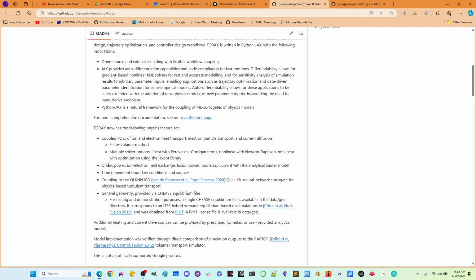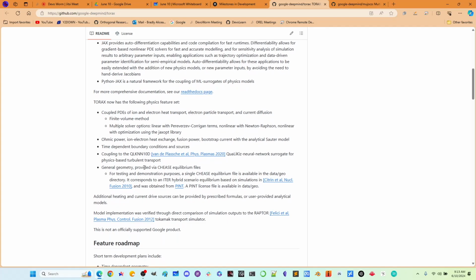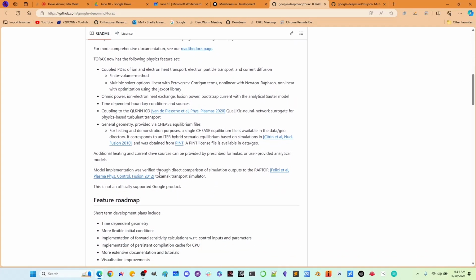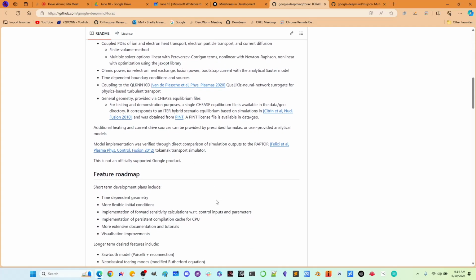They have a lot of electrical engineering type stuff like ohmic power, ion electron heat exchange, fusion power, and then time-dependent boundary conditions and sources. Then they also offer geometries for the problem space. So they have a lot of different tools for physics.